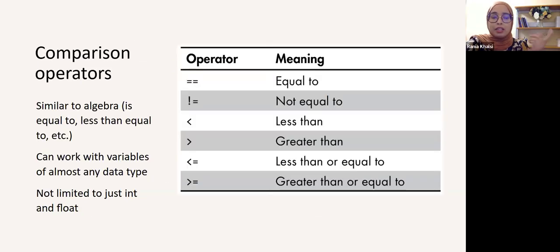Mainly, this is what I was talking about in the previous slide: we can use these Boolean variables to do a lot of different comparisons. And when I talk about comparisons, that happens between these variables, okay? Similar exactly to algebra, I have equal to, less than, greater than, or equal to. One equal sign is just assigning a value to a variable.